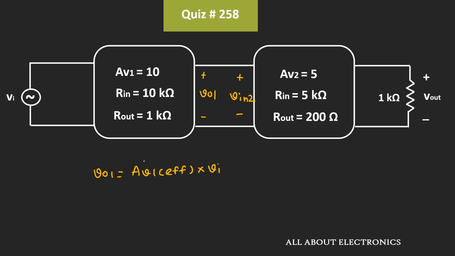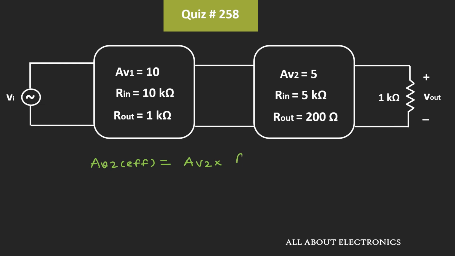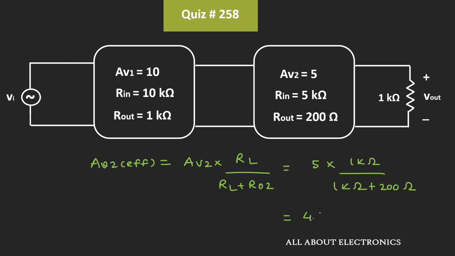So similarly, let's say for this second amplifier, the effective voltage gain is equal to AV2 effective, and it will be equal to AV2 times RL divided by RL plus R out 2, that is equal to 5 times 1 kilo ohm divided by 1 kilo ohm plus 200 ohm, which is equal to 4.166. So this will be the effective voltage gain of the second amplifier.